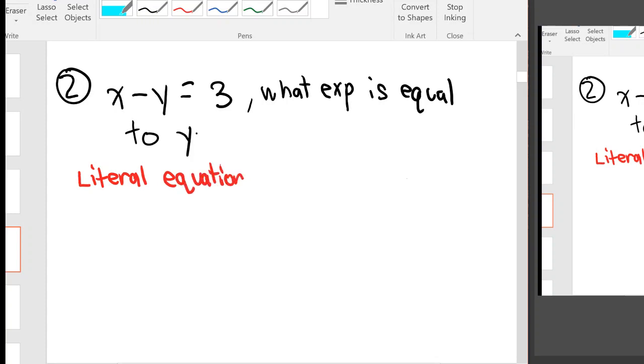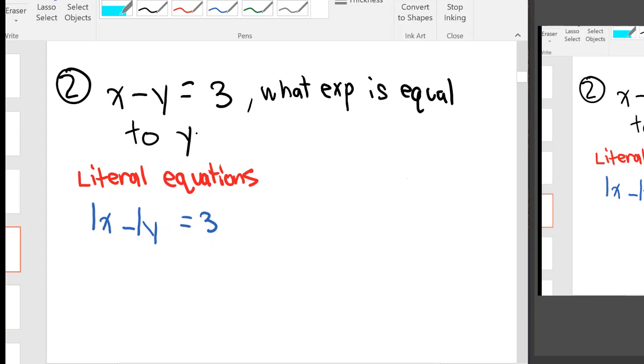Literal equations is essentially when you do a regular old equation but you can't really solve for a numerical value. So I have x minus y equals 3. My advice here is to always add a coefficient to make your problem a little bit easier, and this will come up again in a second.